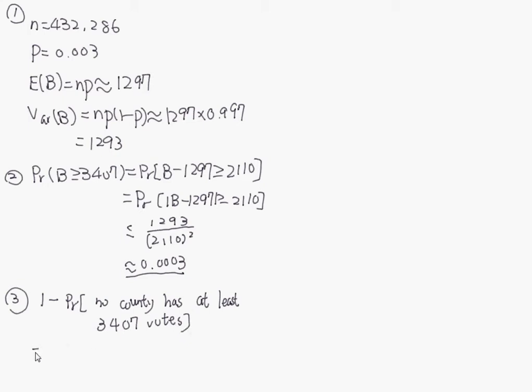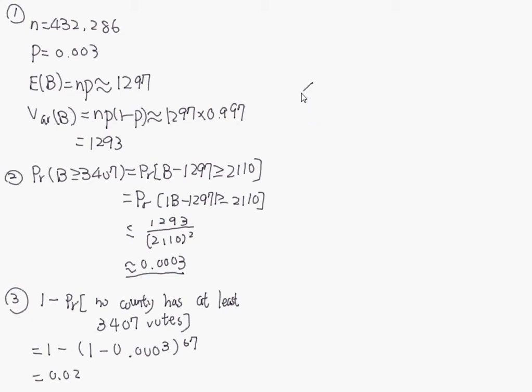So this is 1 minus 0.0003 to the power of 67, and we can calculate this probability is about 0.02, is 2%. So this is still very low, but of course it is larger than 0.0003.